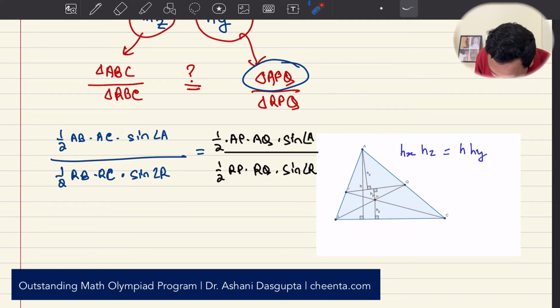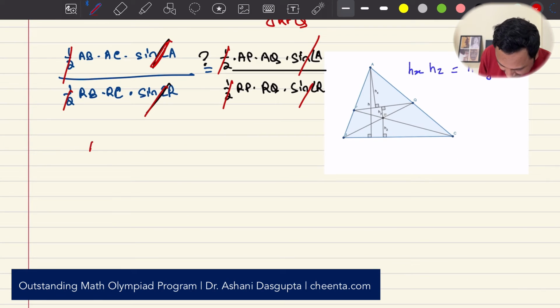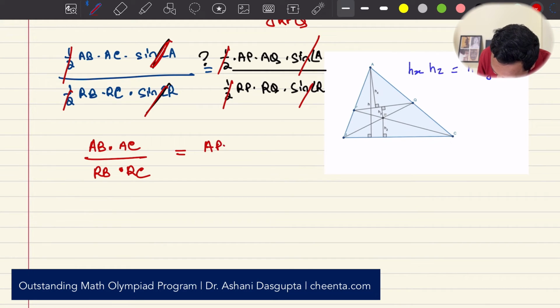So we want to know whether these two are equal. Of course, sine A by sine R is on both sides, so we can cancel them off. Half cancels off. So it is sufficient to show that AB times AC divided by RB times RC is equal to AP times AQ divided by RP times RQ.